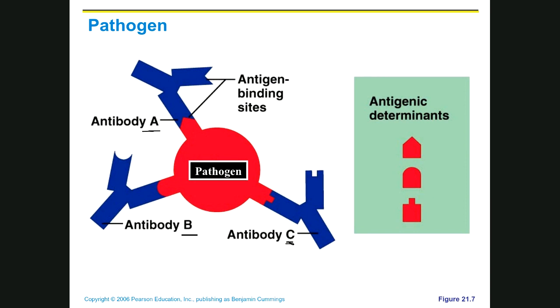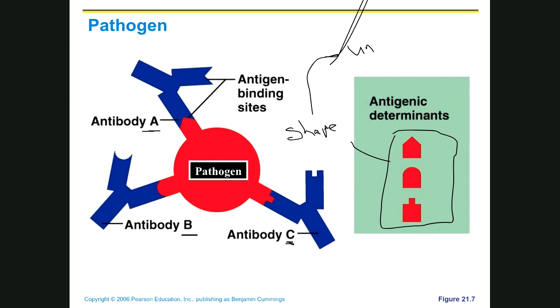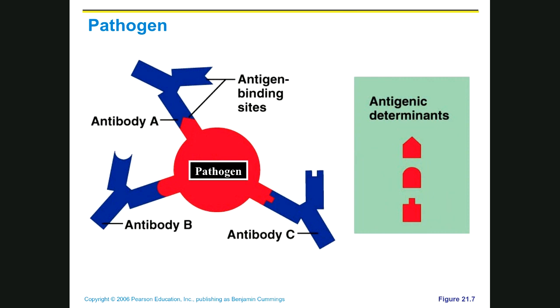So these are all shapes. And shape is actually the most important thing when we talk about an antigen, because it has to be unlike anything in your own body, unlike you, unlike self. So we can talk about self and non-self.